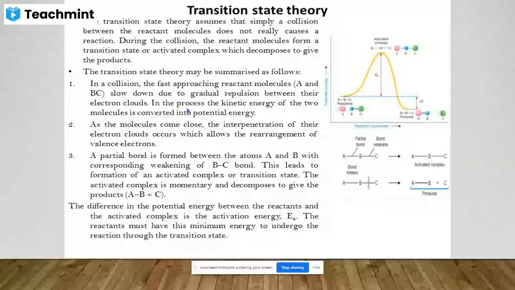So the reactant molecules must have sufficient energy, and they first collide and the energy is redistributed, and then the valence bonds undergo bond breaking and bond formation and form the activated complex.